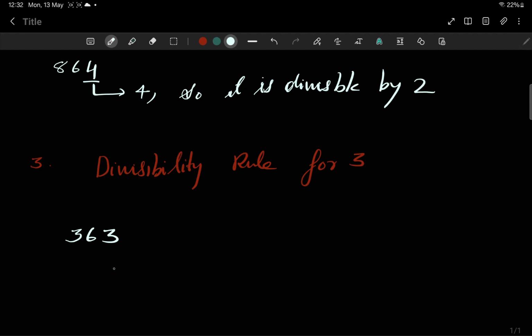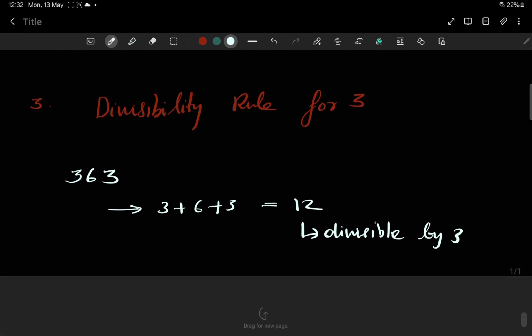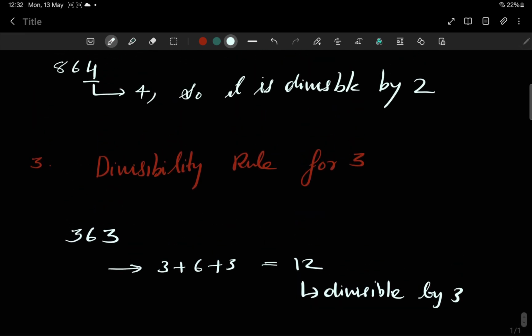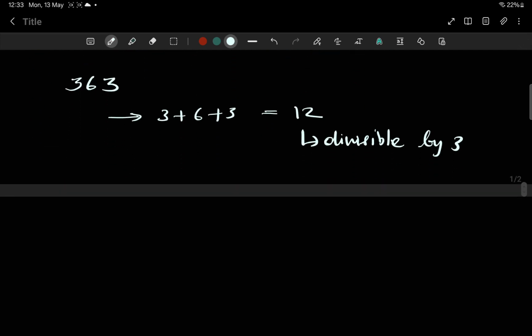That is, here 3 plus 6 plus 3, that is equal to 12. You know that 12 is divisible by 3. So if the sum of the digits is divisible by 3, then that number is divisible by 3. Therefore 363 is divisible by 3.